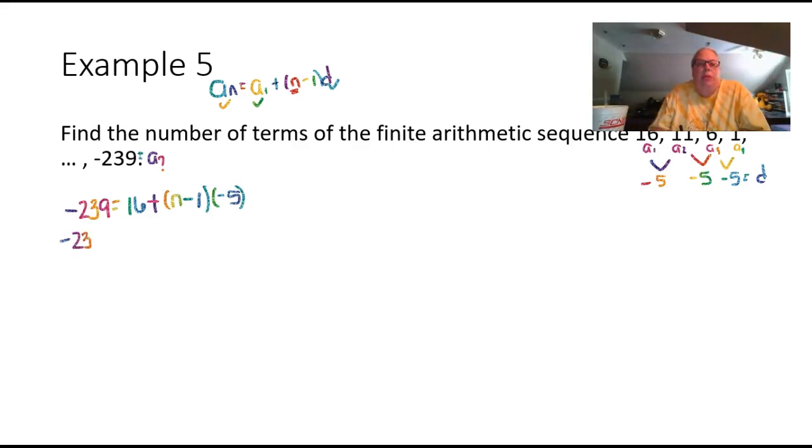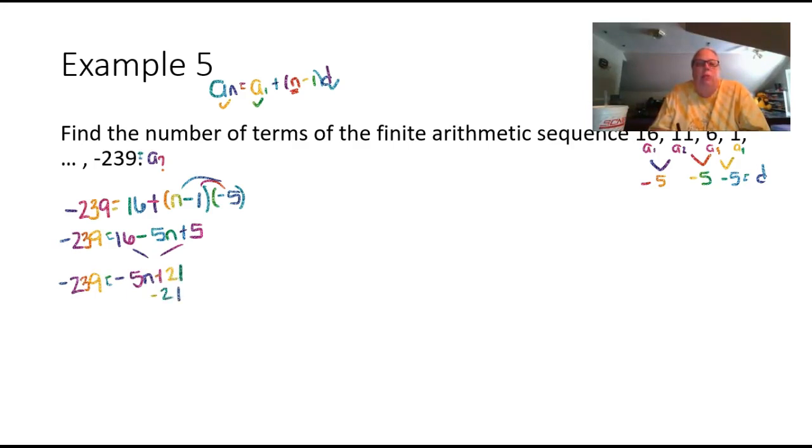So negative 239 is going to be equal to 16. Now we're going to distribute that negative 5 in the parentheses. So we got minus 5n plus 5. And let's add our like terms here. We have negative 239 equal to negative 5n plus 21.